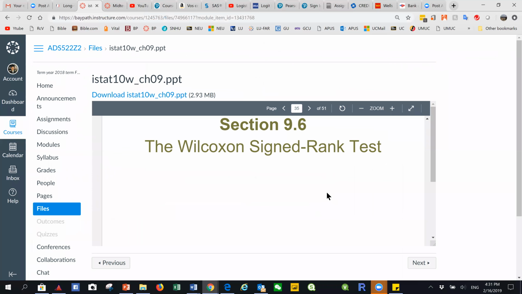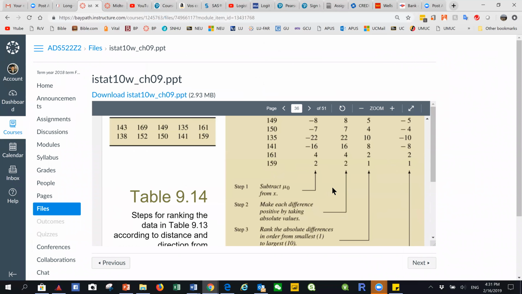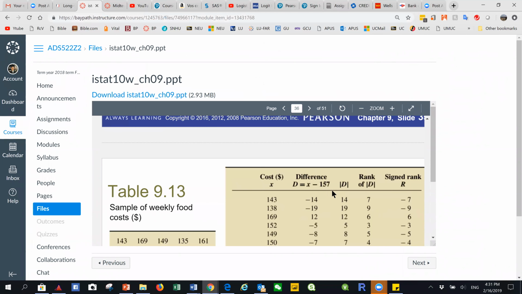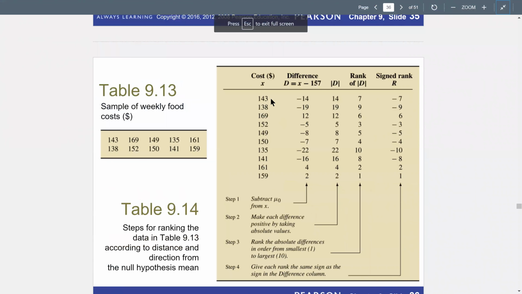Which we didn't cover, but where you need to find a difference. First, subtract mu 0 from x.